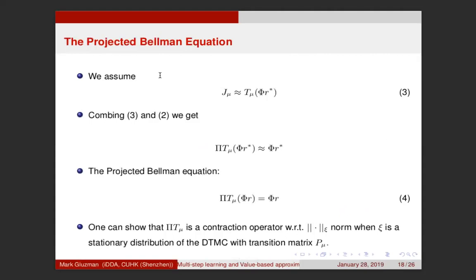Yeah, but sort of. Because here it will be exactly like the Bellman equation if our approximation phi r star is exact. So basically, if instead of phi r star we substitute G mu, then of course we get equality, and this is the Bellman equation.